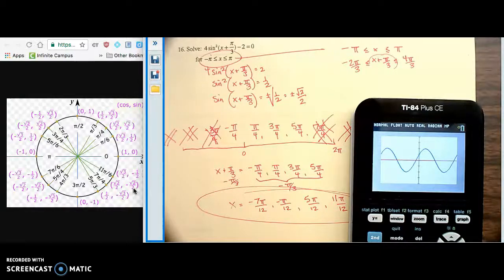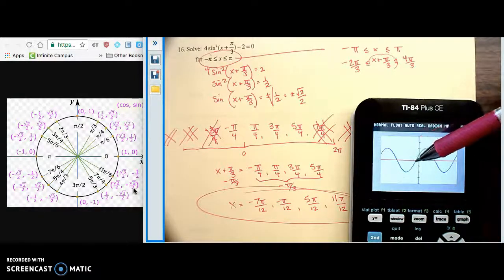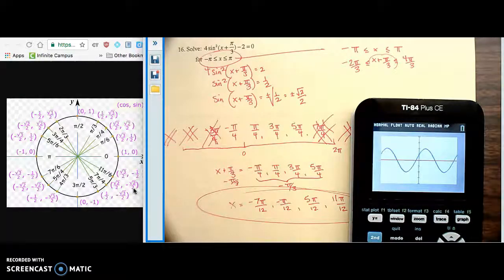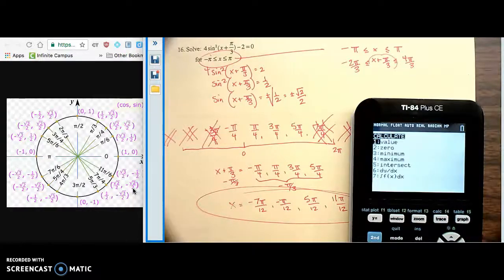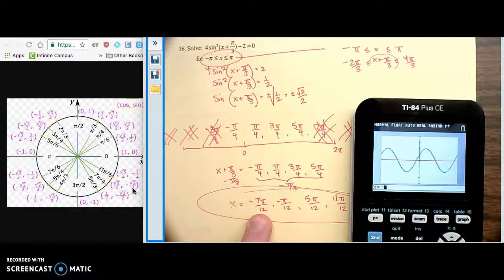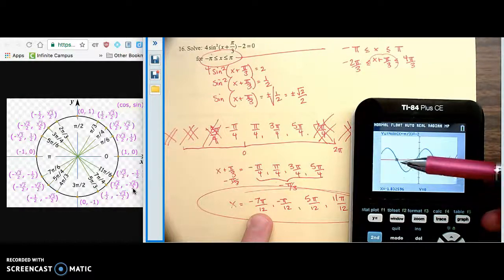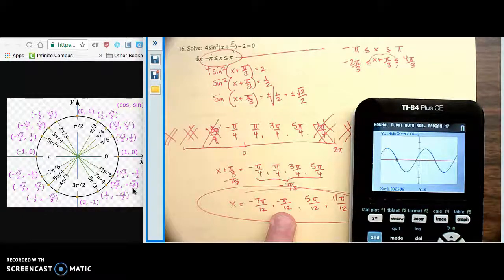And we should be seeing 4 crossing points, and here they are, 1, 2, 3, 4. And it's easy enough to verify that those are indeed the 4 algebraic solutions that we came up with earlier. Let's see what's happening at negative 7 pi over 12. There's my first intersection. The next one is negative pi over 12.